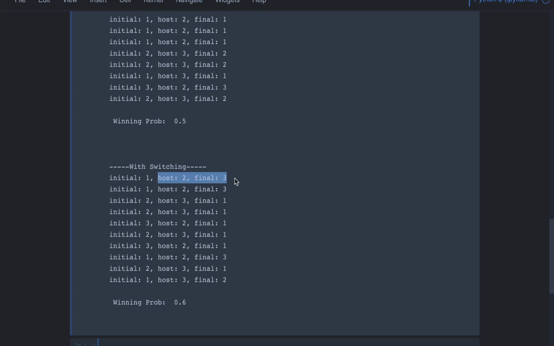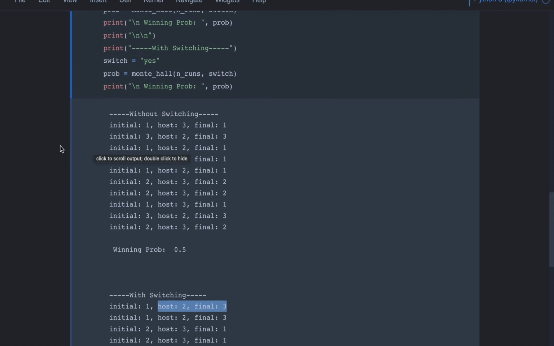The doors which we have not selected. Now the host has eliminated one of the doors because he already knows there is a goat behind, which means the other door will have a winning probability of 2/3. It's a bit tricky, but go to the Wikipedia page and read it. There are different ways of explaining it, and you will understand.